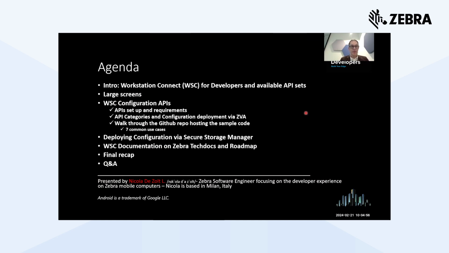We'll see the large screens API and specifically the Workstation Connect configuration APIs with a deep dive into their categories, how to deploy these APIs, and a walk through the GitHub repository that is hosting the sample code that I'm sharing with you for your convenience.